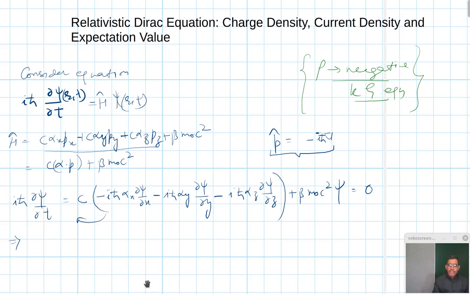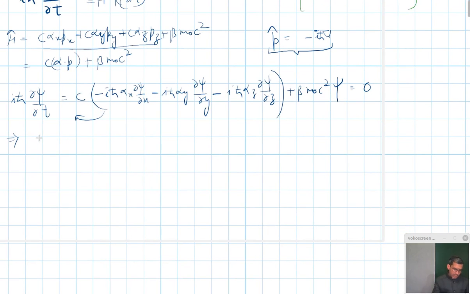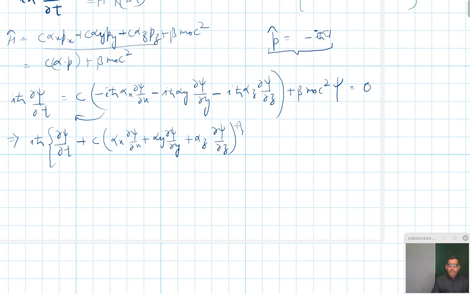Then this equation can be written as iota h cross curly psi by curly t plus c times alpha x curly psi over curly x plus alpha y curly psi over curly y plus alpha z curly psi over curly z, minus beta m naught c square psi is equal to 0. This is the equation, and let me call this equation number 1.